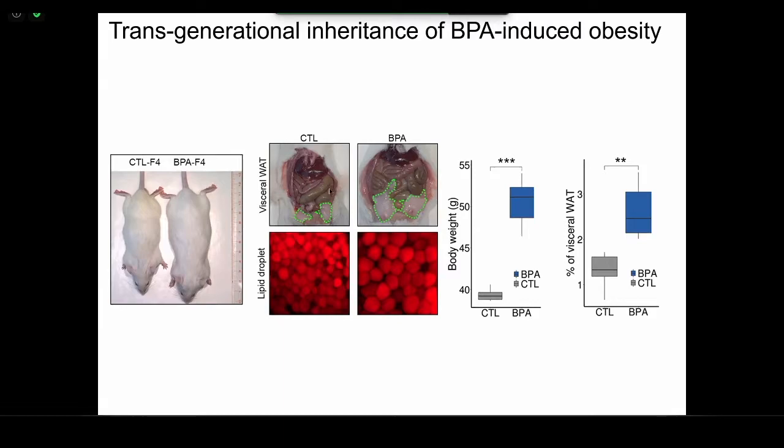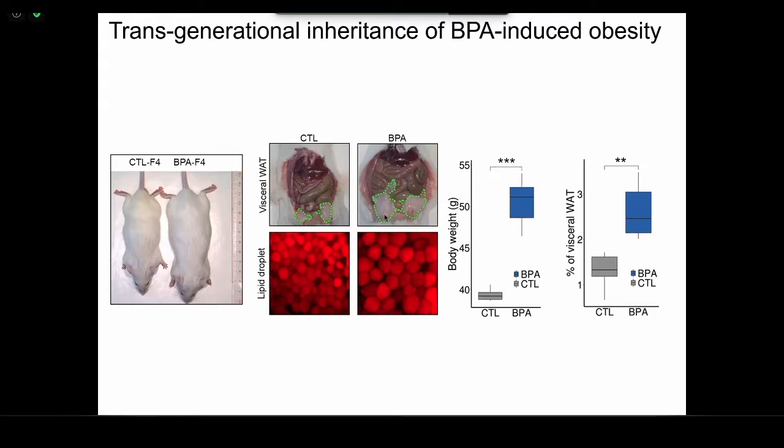They are obese because if we look at the visceral fat tissue, this is the fat tissue in a control mouse. This is in a mouse that comes from a BPA exposed individual. I'll refer to these mice always as BPA mice, but remember the exposure only took place in the F0 generation.